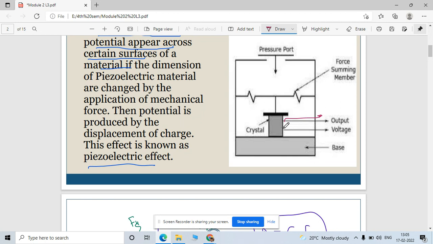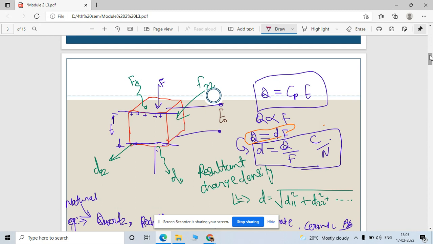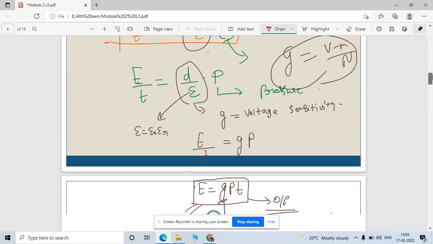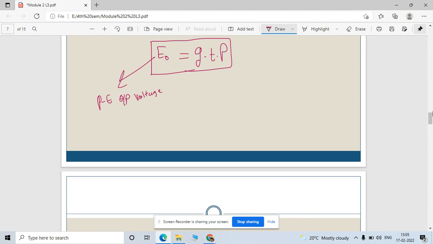The output is taken from this point, and the equivalent circuit is also given in this, which is represented in terms of this C1, R1, and this is L1, and this is your CP. So हमने अभी तक जितना भी फाइंड आउट किया, this is your CP, right?